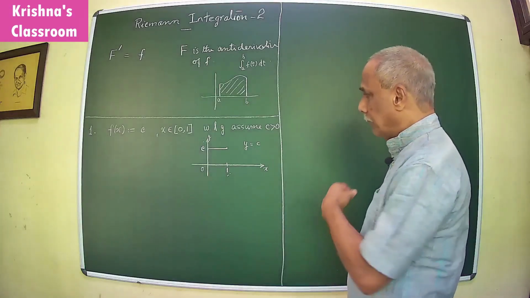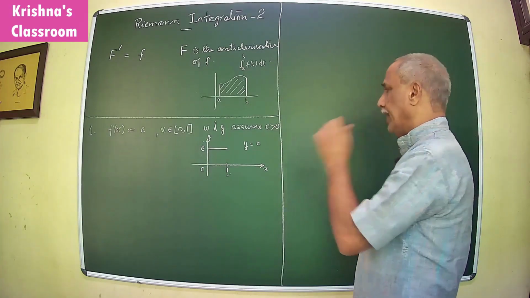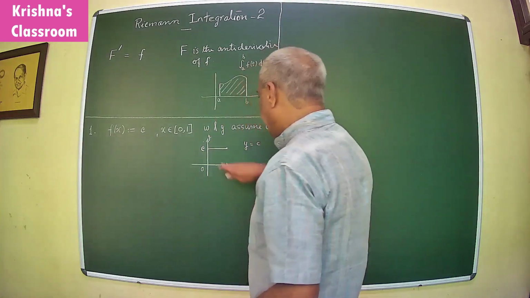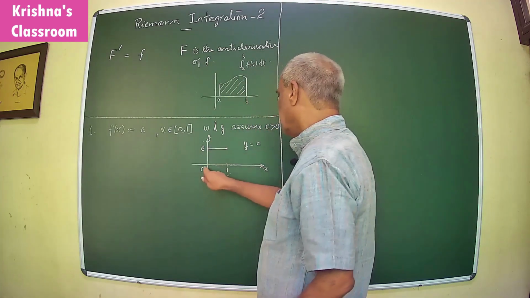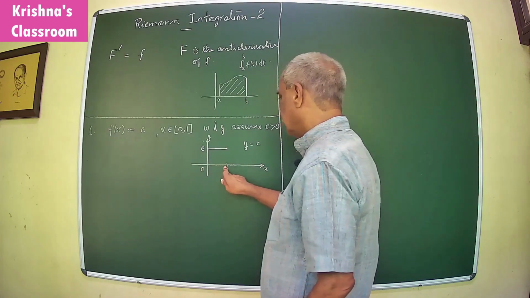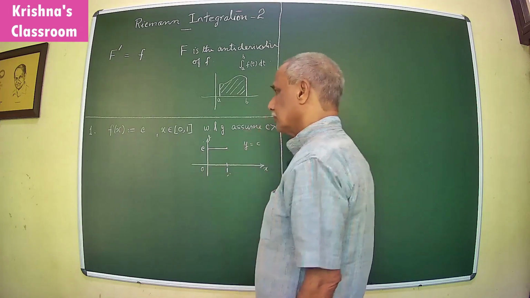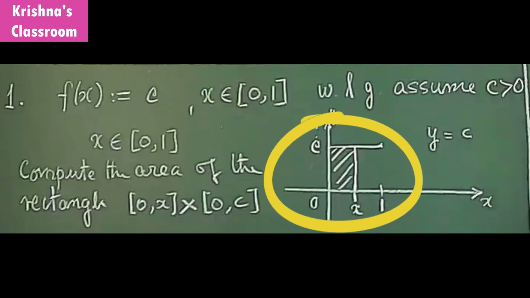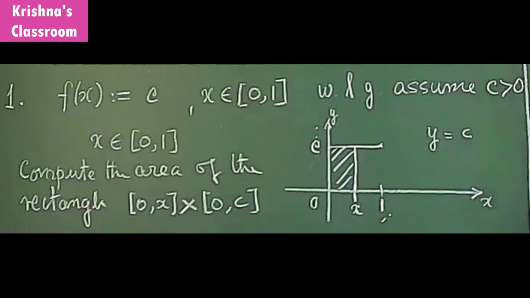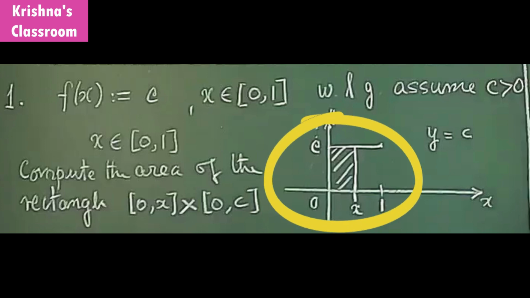Now, let me compute the area enclosed between the curve, the ordinates at 0 and 1, and the x-axis. Or more generally, you choose an x on the interval [0,1] and compute the area of the rectangle [0,x] cross [0,c].